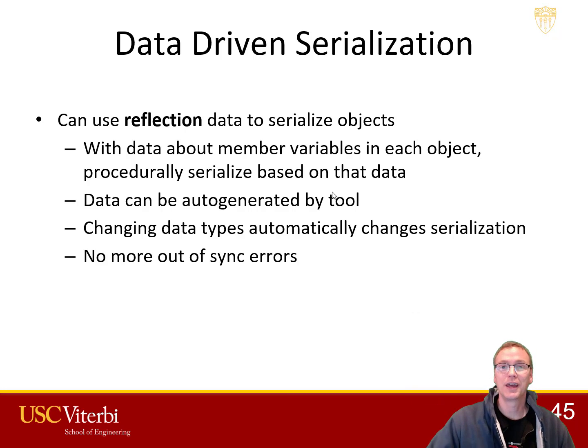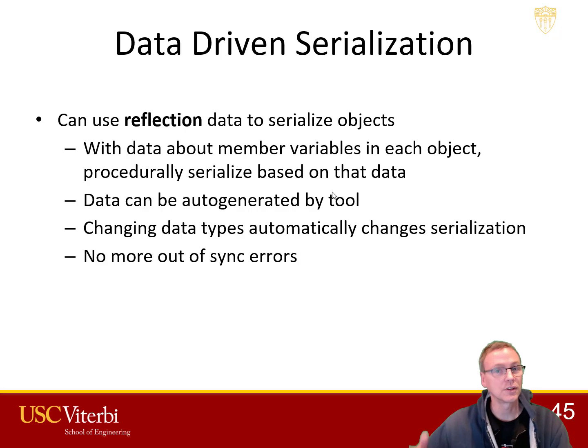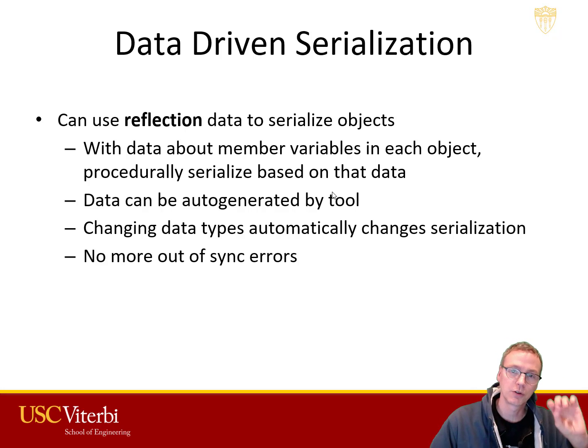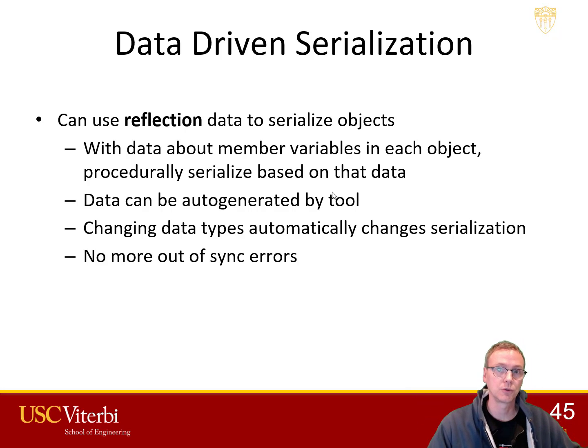It will also then generate the code to serialize and deserialize that data structure. So now you're guaranteed that the code to serialize and deserialize, the code that reads it, the header files, and the tools that generate the data are all kept in sync that way.